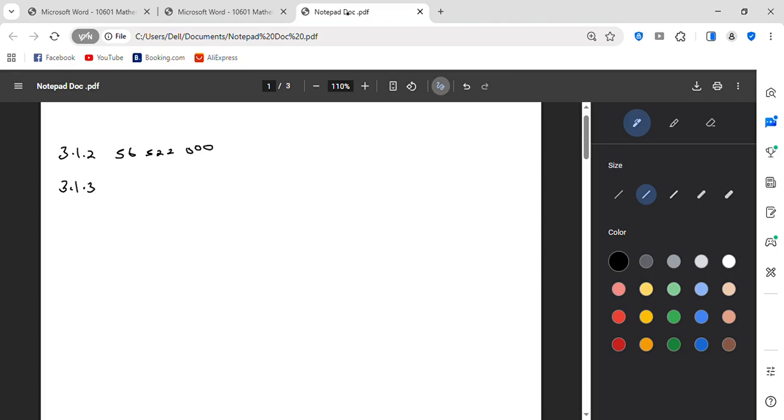So we say 4,422,500 divided by the total population of 56,522,000, then we multiply by 100. Then you punch that into your calculator and you will get 7.9% as your answer.